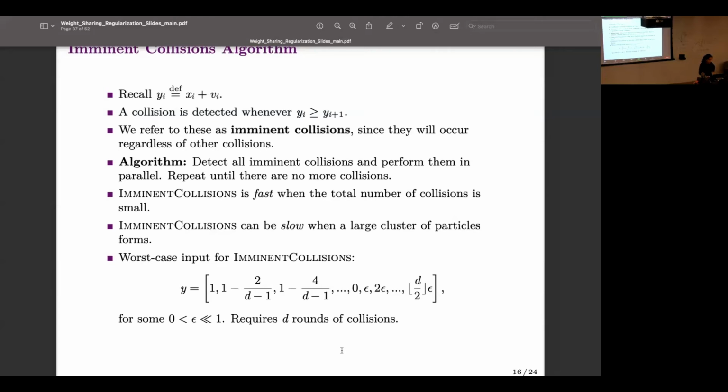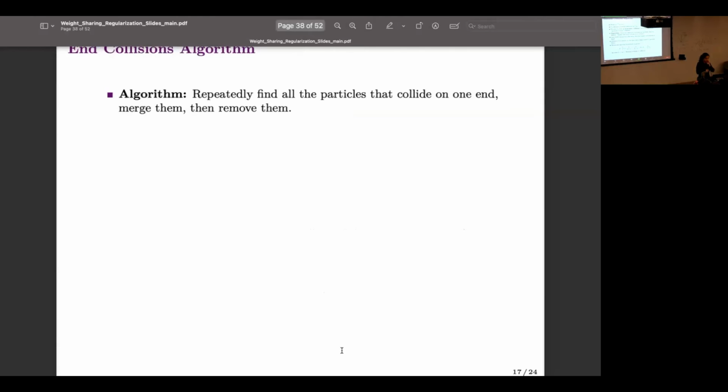Thanks for the suggestion. This was the first algorithm, imminent collision. The second algorithm is end collision, which is a bit more smart. It is saying that if you have these clusters of weights that are going to collide, just start from the first one and see where this sequence of collisions ends.